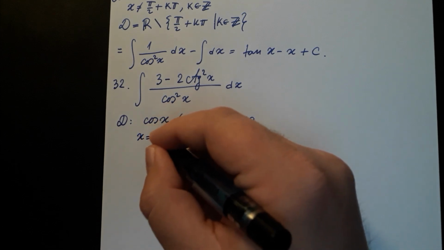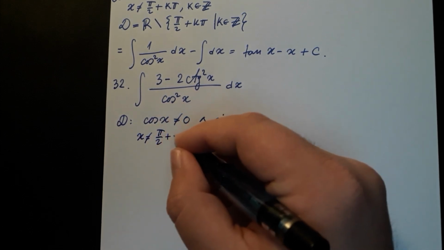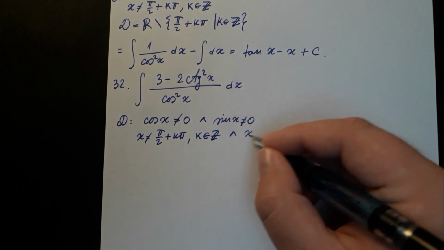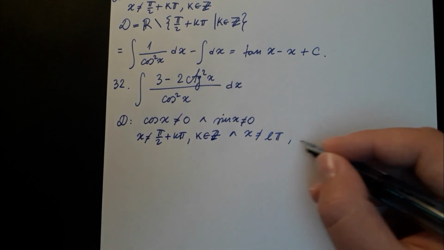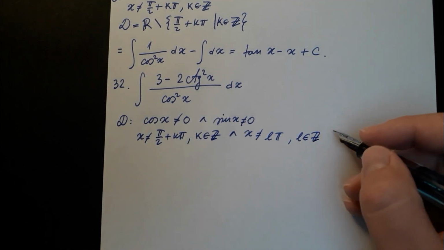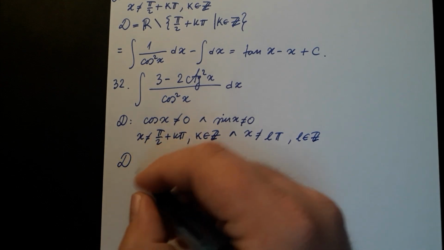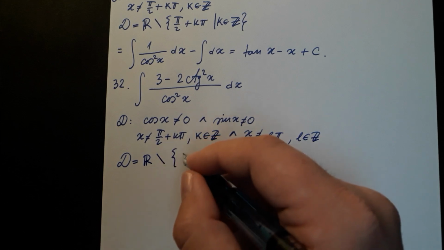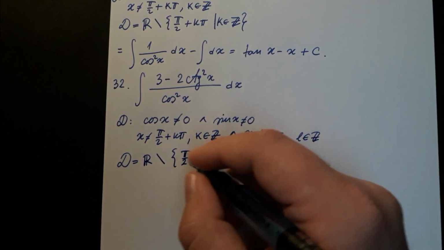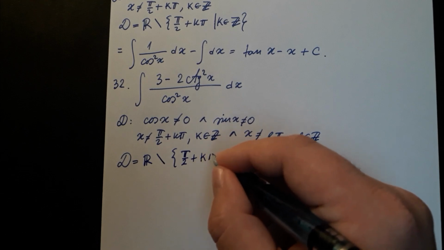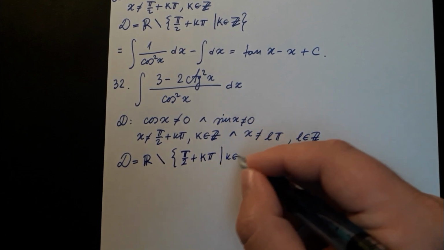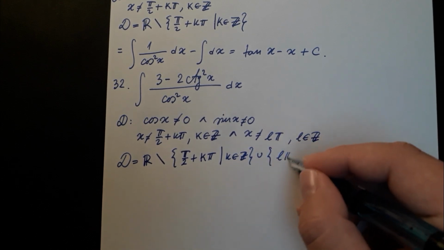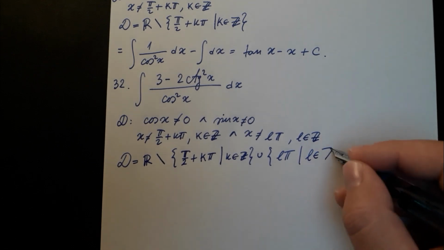Well, that means that x has to be different from π/2 plus kπ, where k is an integer, and x has to be different from lπ, where l is an integer. So that means that the area in which this integral is defined is the set of all real numbers without the union of all the dots π/2 plus kπ, where k is an integer, and all the dots represented by lπ, where l is an integer.